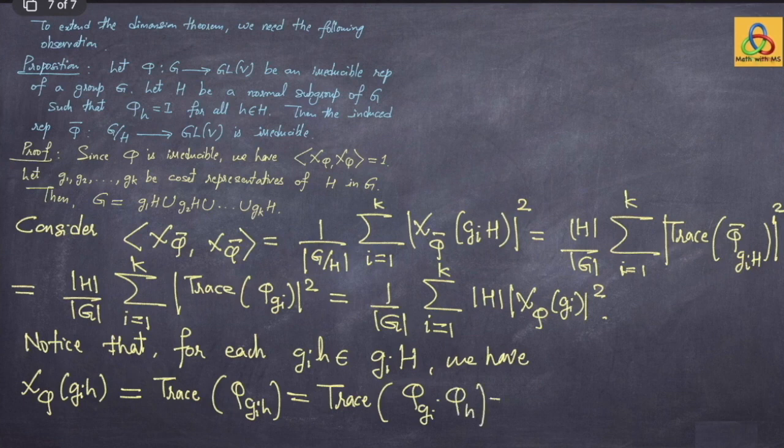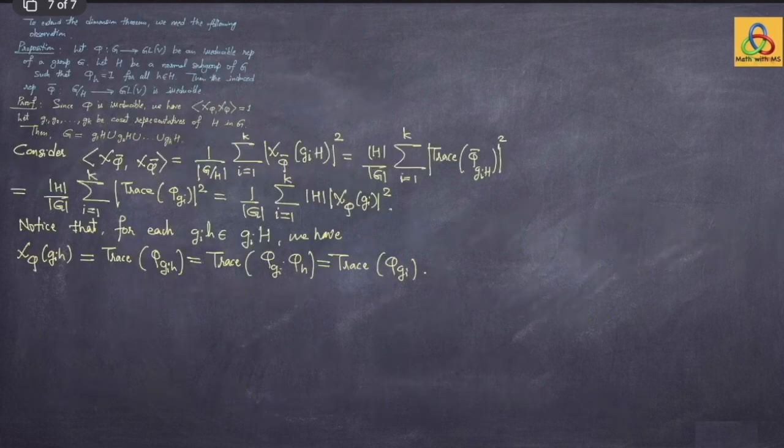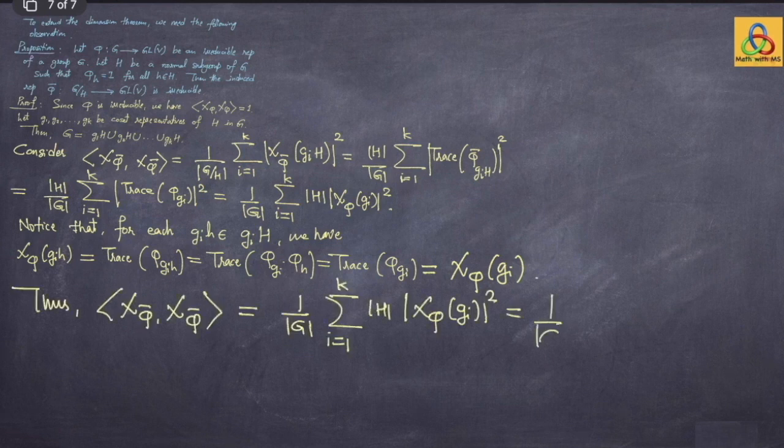But what is phi h? Phi h is just identity, therefore it is the same as trace of phi gi, which is the same as chi phi of gi. So therefore if we multiply the coset representatives by any element of H, the character value is the same.